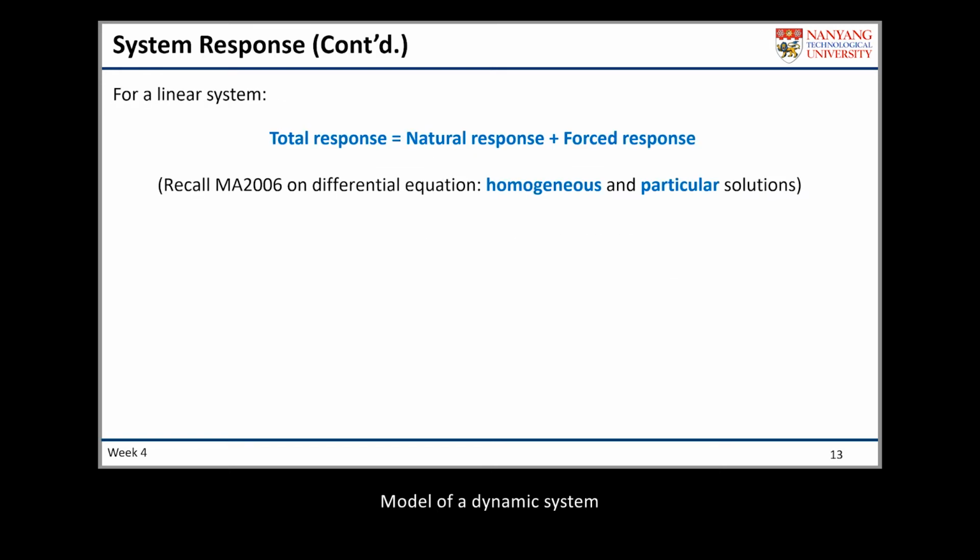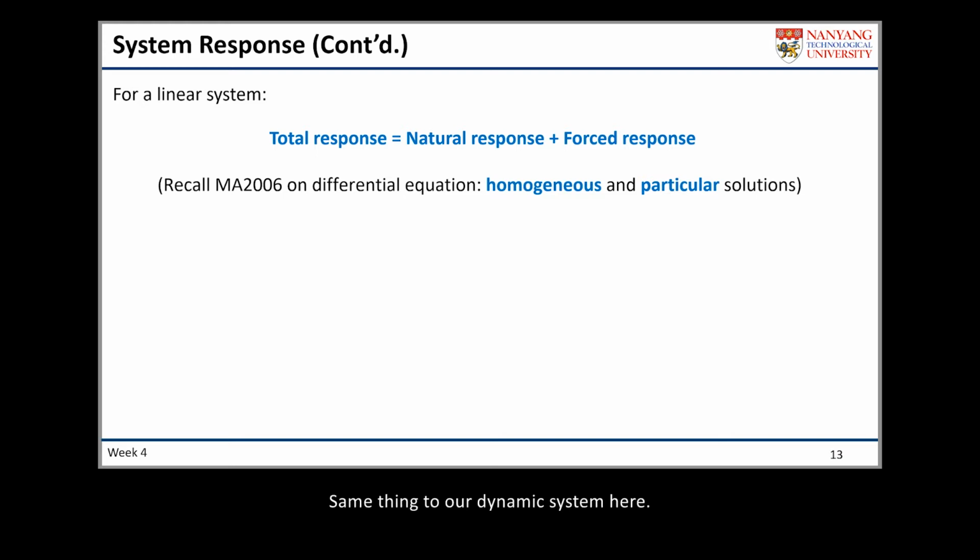A model of a dynamic system, as we have already discussed before, can be represented by a differential equation. If you still remember, from the engineering math that you have learned before, when you solve a differential equation, we always get two solutions, the homogeneous solution and the particular solution.